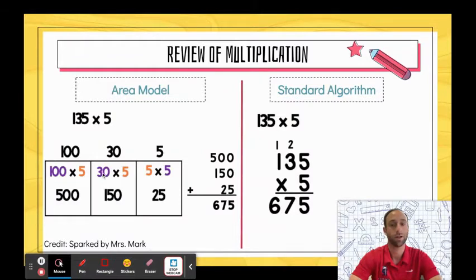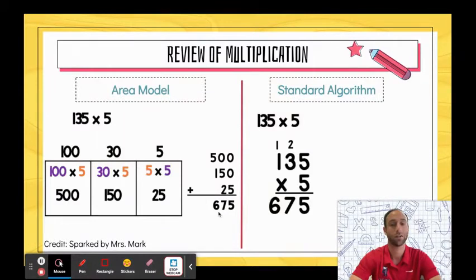Little zeros trick there, right? 1 zero, and 3 times 5 is 15, getting you 150. And in the hundreds place, 100 times 5, right? Anything times 1 is the number itself. So 1 times 5 would get you 5. 2 zeros here, 500.